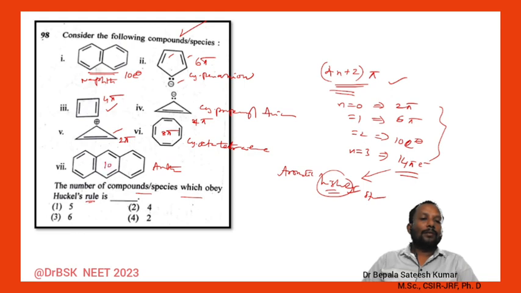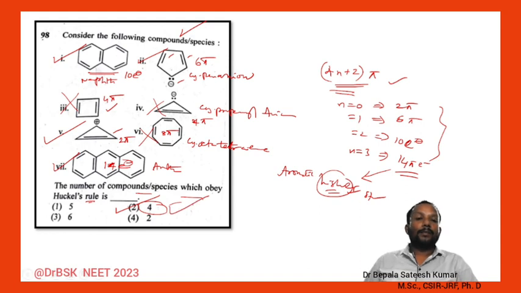Here 14 pi electrons, so it obeys Huckel rule. It follows Huckel rule, 6 pi. This does not follow. It follows, 2 pi. This does not follow. This follows. So 1, 2, 3, 4. Only 4 molecules follow Huckel rule. So option B is the correct one.